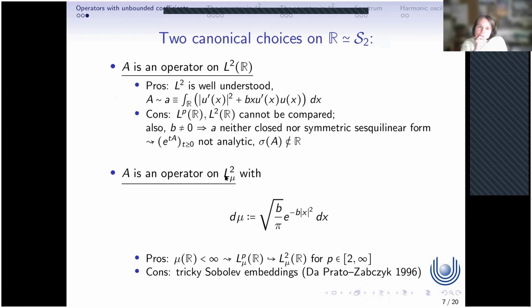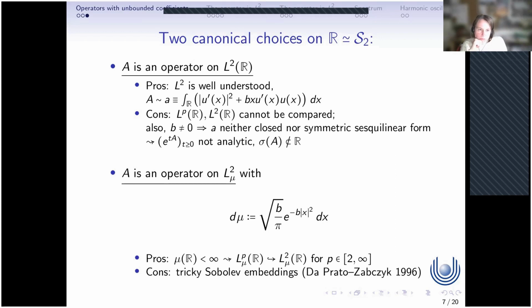So the good thing is that, of course, the space is very well understood, and you have a nice way of defining this operator by a quadratic form like this. The problem is that this form is not a symmetric one. So even on L2 of R, let alone in LP, you cannot say that this generates a symmetric semigroup.